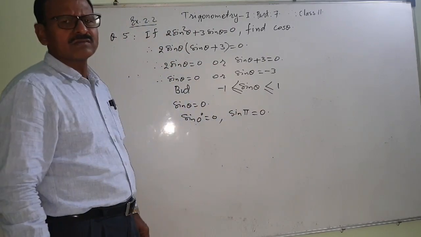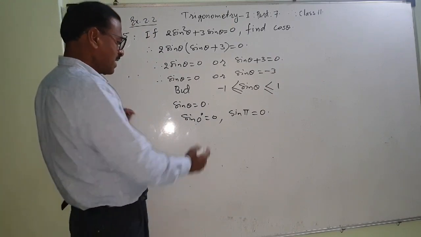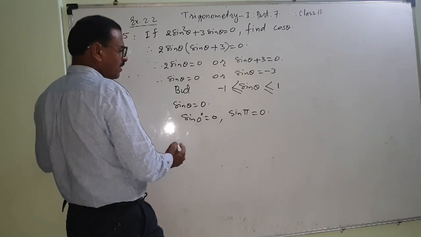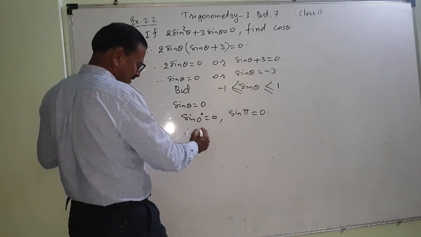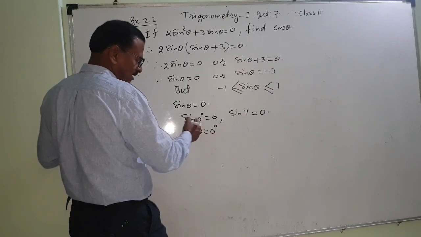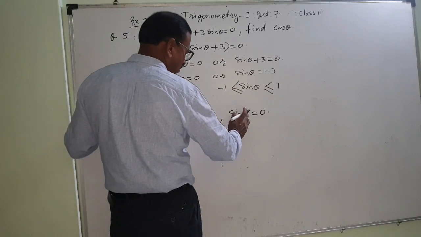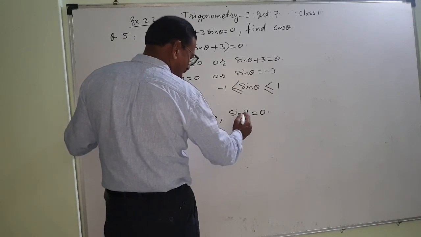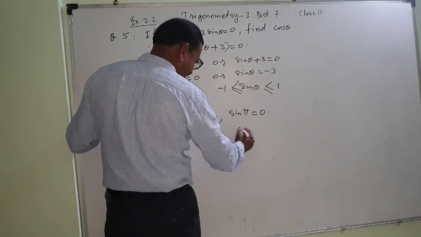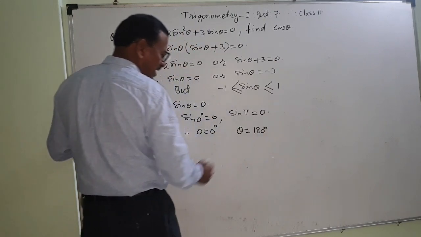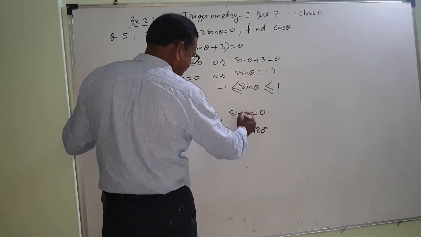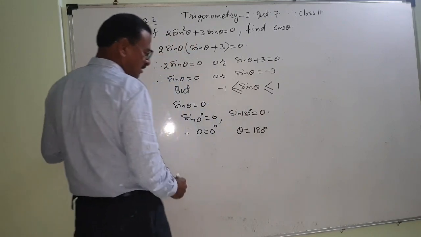If it is the acute angle, then no problem. Therefore, theta is equal to 0 degree or theta is equal to 180 degree. Have you understood this? Pi radian means 180 degree.